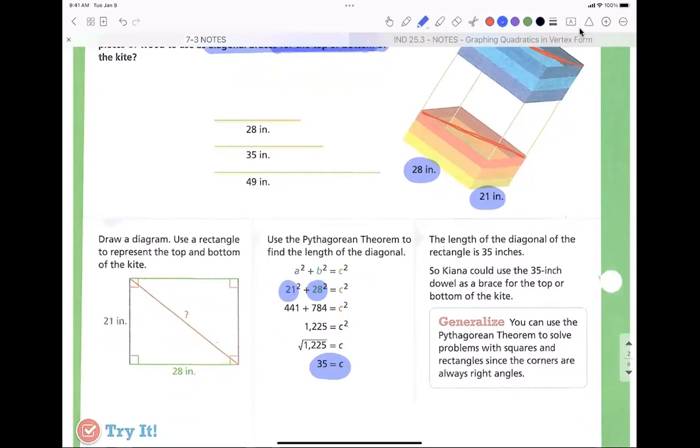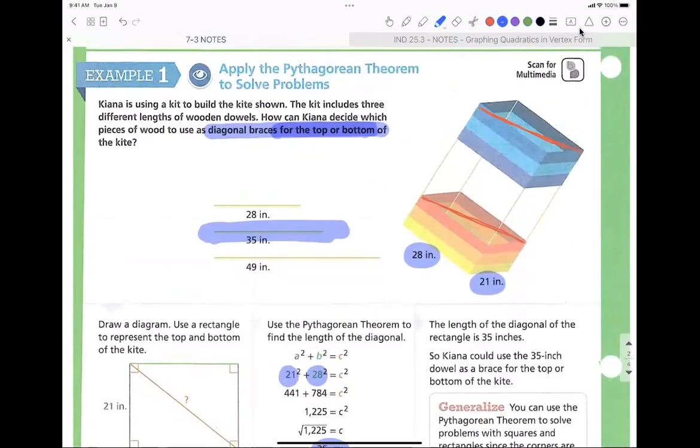Inches. Good. It's 35 inches. So we know that this would be the piece of wood that we would choose. We would need the 35-inch piece of wood to brace either the top or the bottom. And because it braces the top or the bottom, it doesn't slice all the way through the kite. It's not a 3D problem, it's a 2D problem, okay?